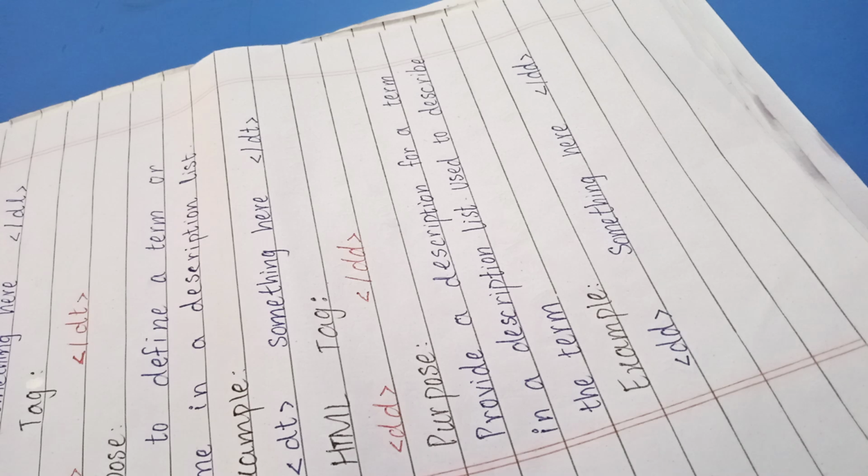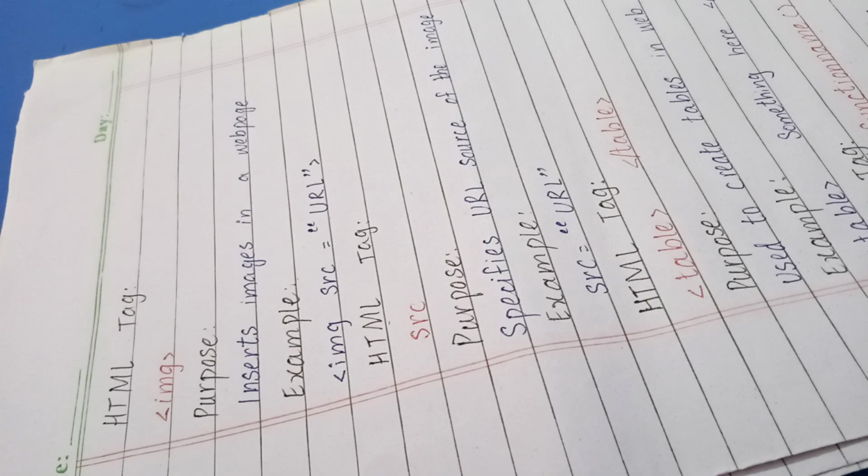So these lists are helpful for a restaurant menu. If we create a website for a restaurant or coffee shop, then we use these HTML tags for creating that type of website.